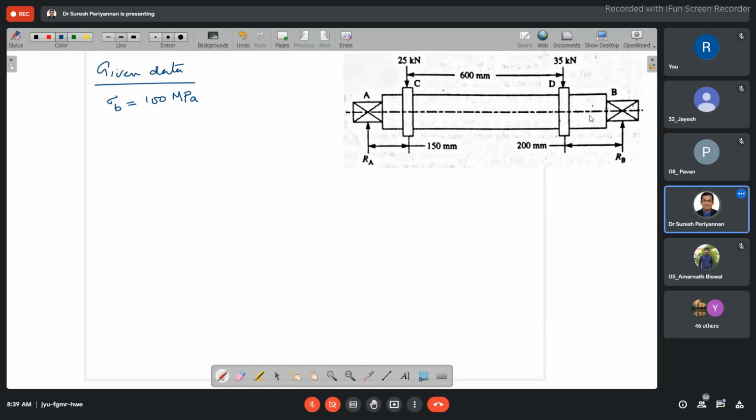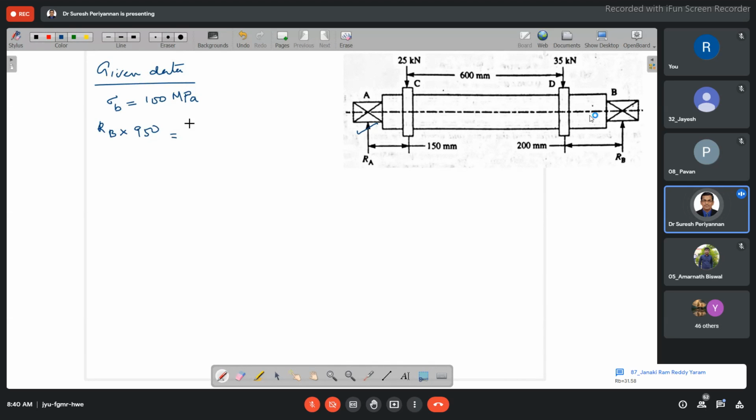Now, what are the reaction forces RA and RB? Taking moments with respect to A for finding the reaction force at B, RB into 950, that is 150 plus 200 plus 600, 950, is equal to the loads given.